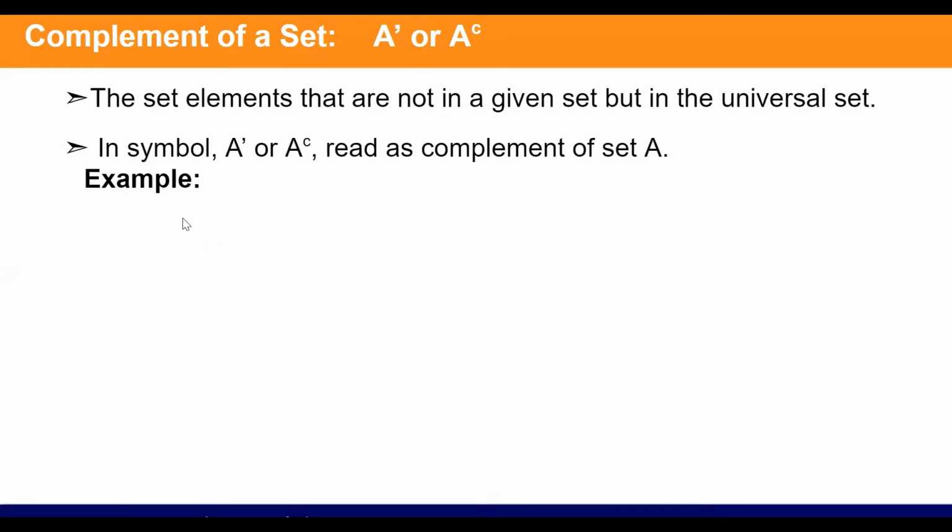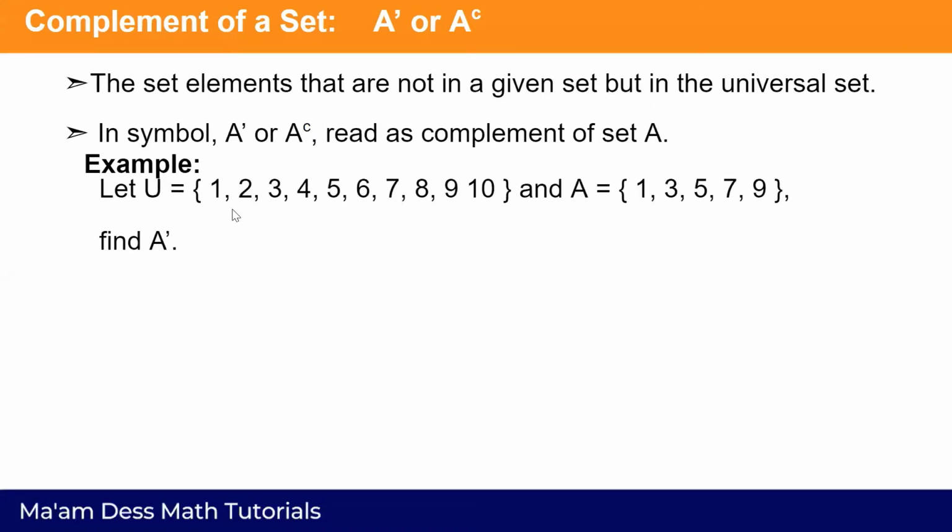Example, let U equals 1, 2, 3, 4, 5, 6, 7, 8, 9, 10. The universal set contains 1, 2, 3, 4, 5, 6, 7, 8, 9, 10. And set A contains 1, 3, 5, 7, 9. So find the complement of A. Okay. So let us have one by one. Okay.